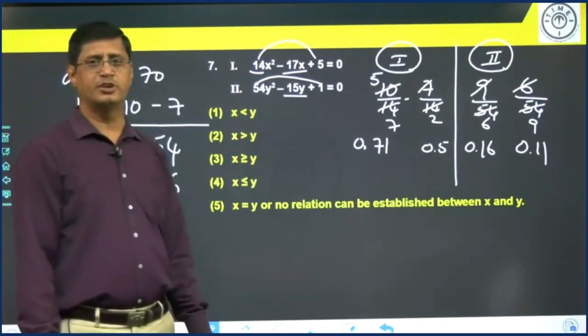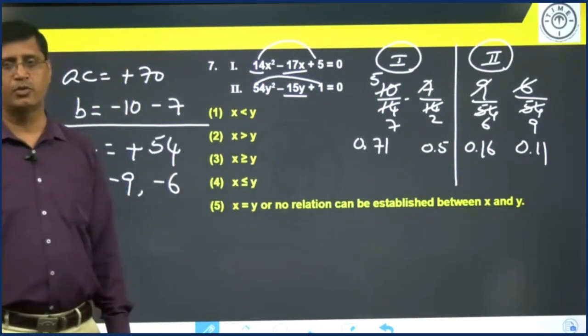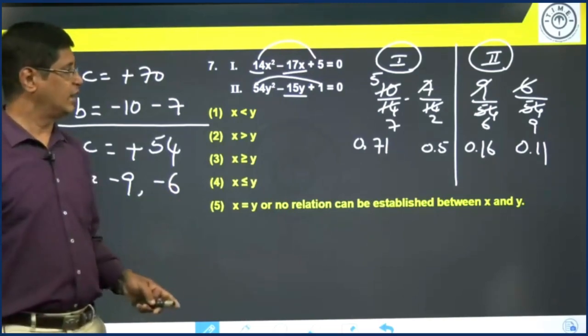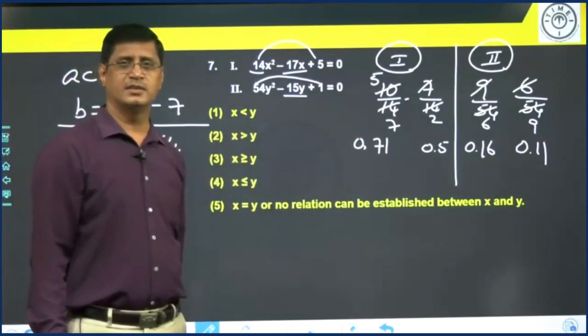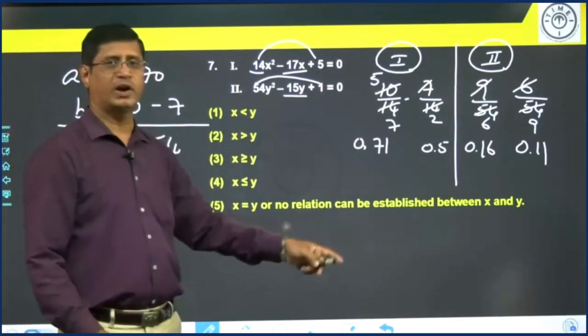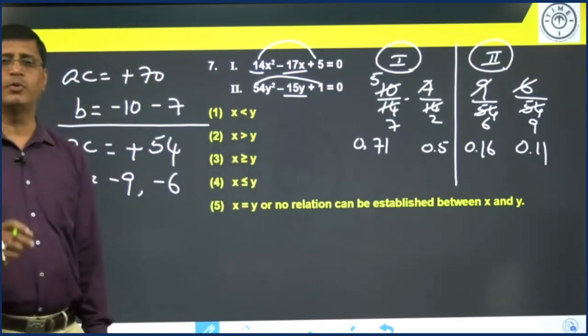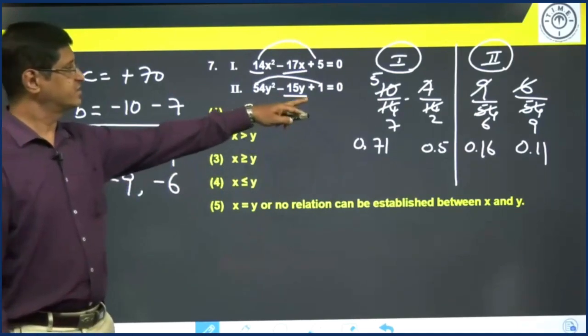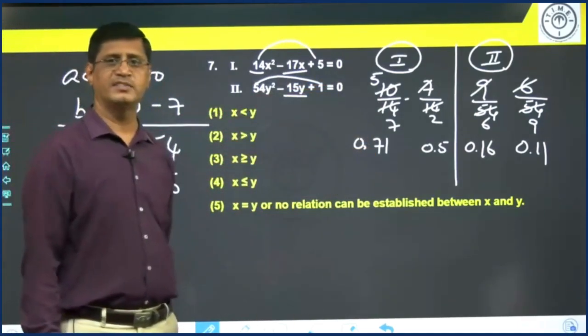If you are good at percentage values, reciprocals of the percentage values, then you can find the decimal values easily. I am using that: 1 by 7 into 5. 1 by 7 is equal to 14.28 percent. So I am using 5 times of it, 0.71.